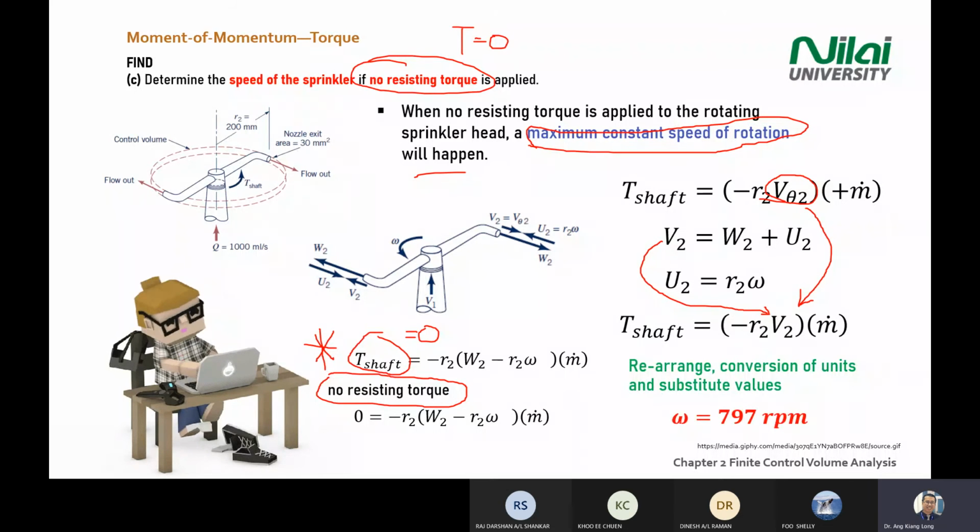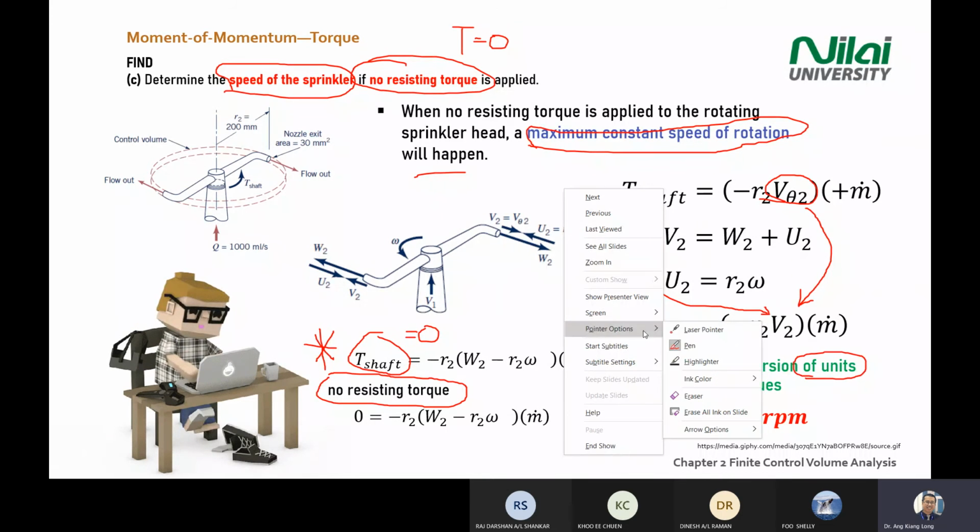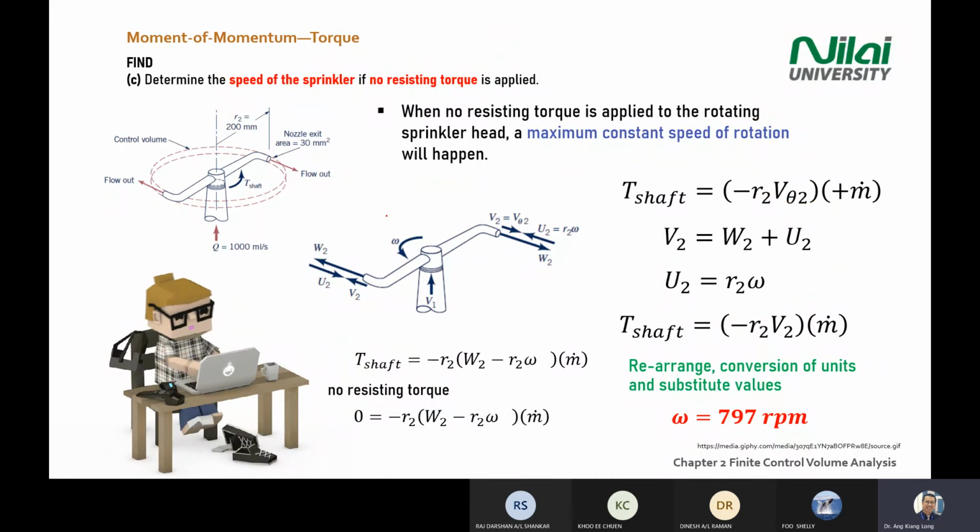You will get your omega, because the third one is to find the speed of the sprinkler, which is the rotational speed. Remember to change the unit when you do calculation, especially what I mentioned just now. What are the units involved? You need to change RPM to radian per second.